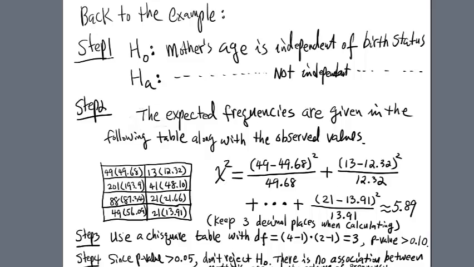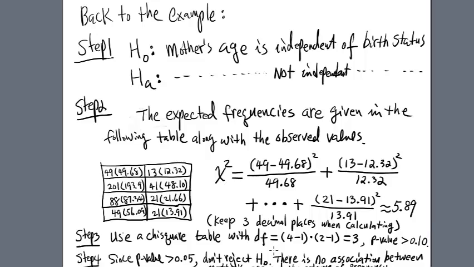The next step is to use a chi-square table to find the p-value. Keep in mind the chi-square distribution is associated with the degree of freedom, which is the number of rows minus 1 times the number of columns minus 1. So it's 3. Based on the chi-square table, you can see that the p-value is greater than 0.1.